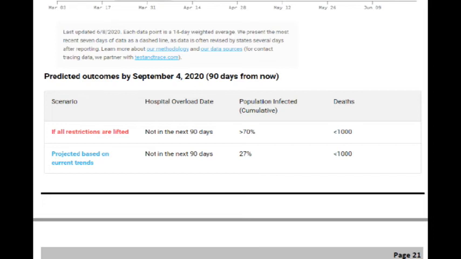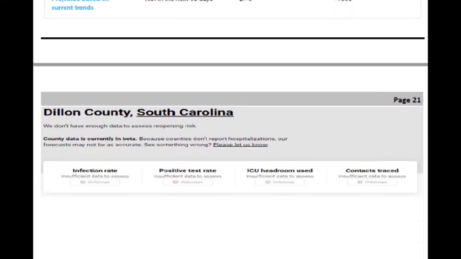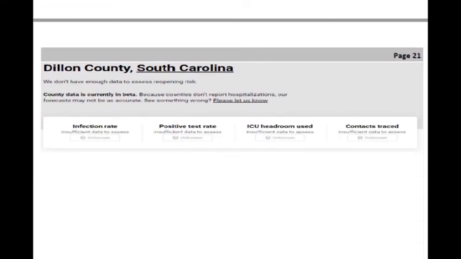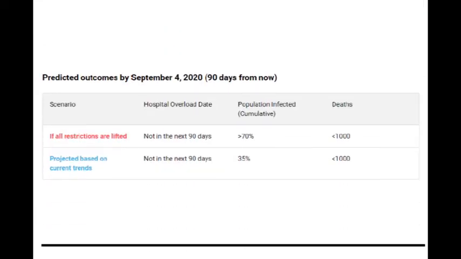The rate for Darlington County is 27% as compared to Chesterfield County's 67%. For Dillon County, there is insufficient data for them to provide a full analysis. However, they do show that based on current trends, 35% of Dillon County residents will be or will have been infected by September 4th.